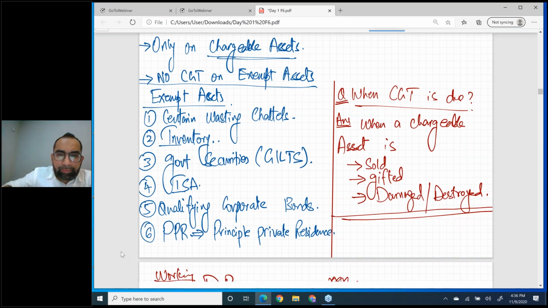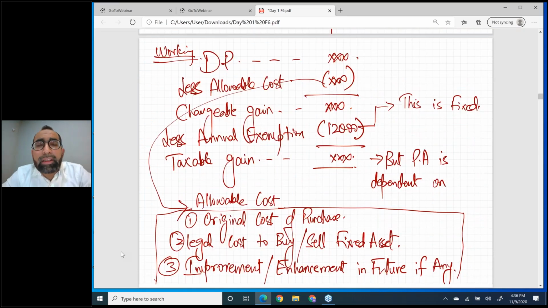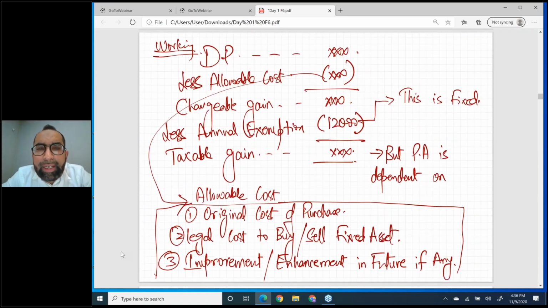Now look at the screen. Now the basic working. What's the basic format of capital gain calculation? Disposal proceeds, which means you sold the asset, less allowable cost. Open your eyes, please. I have made an arrow on allowable cost.